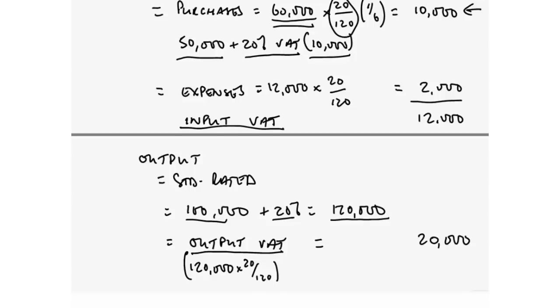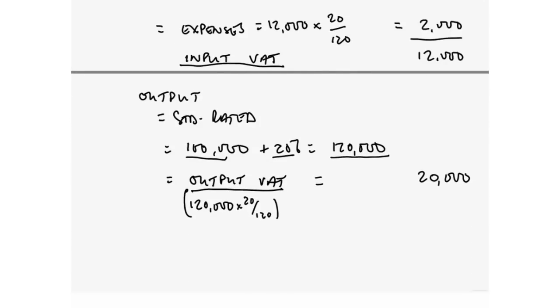£12,000 of input VAT. So on a VAT return, normally produced, as we'll see later, on a quarterly basis, we account for the excess of our output VAT over the input VAT. So we would have to pay Her Majesty's Revenue and Customs that difference between the output VAT on the sales and the input VAT on the purchases and expenses.